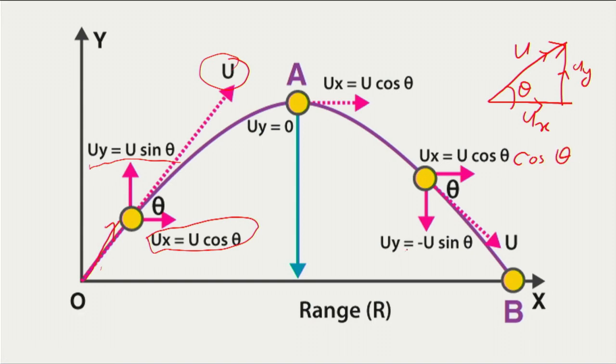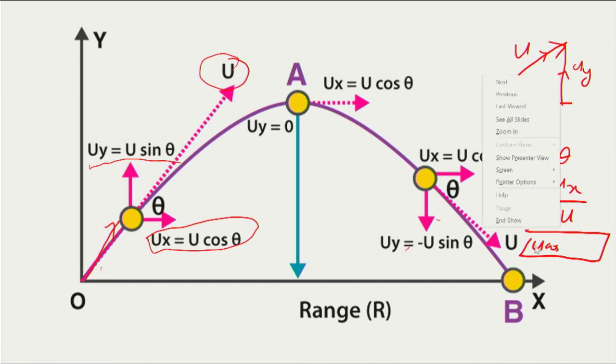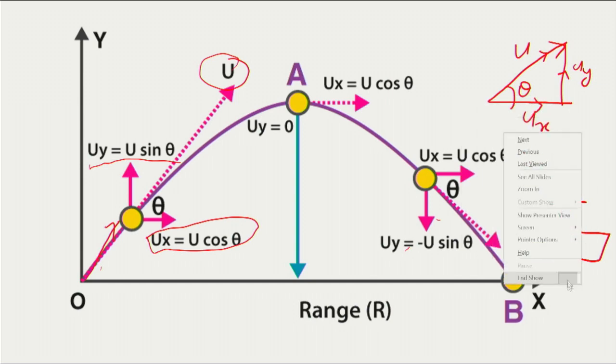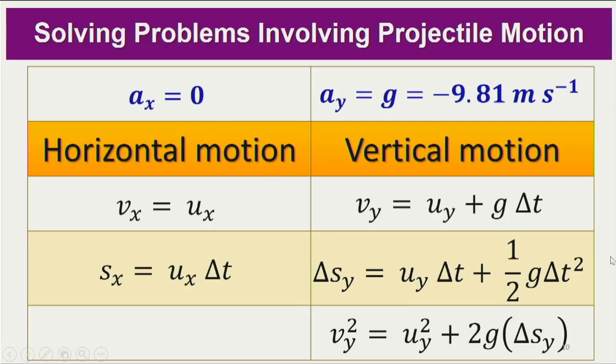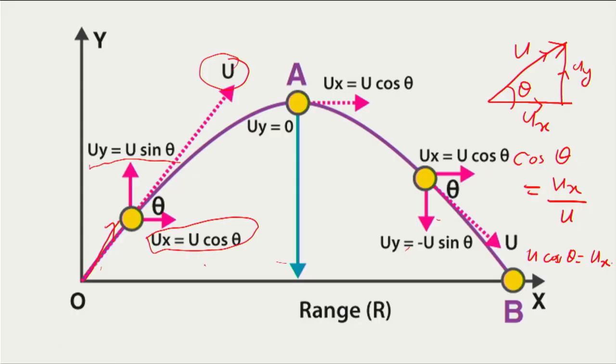Cos theta equals Ux over U, so U cos theta equals Ux. The same method we can use to find Uy.